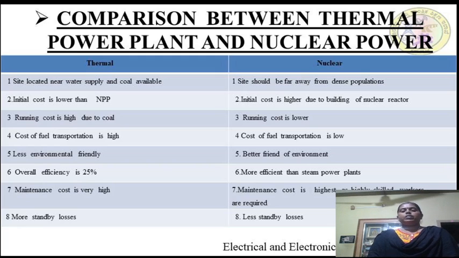So let me see that comparison between these two plants. First one is thermal, second one is nuclear.